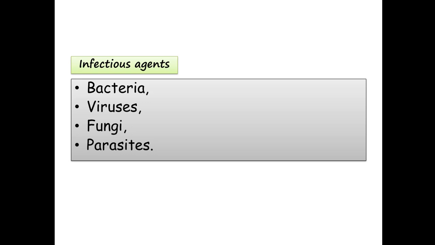Now, coming to the infectious agents, they include bacteria, viruses, fungi, parasites, and since there is a huge number of bacteria and a large number of viruses, they can cause cell damage, particularly in persons who are, we say, immunocompromised, with a poor or weakened immune system. And they differ from each other in their virulence.